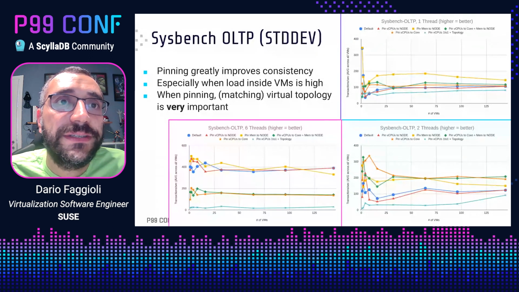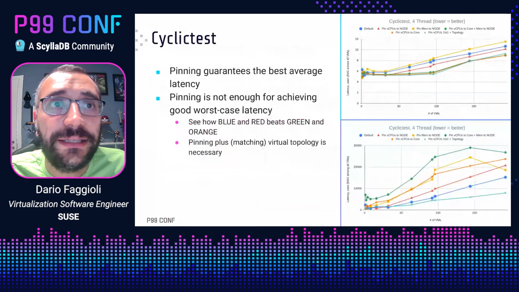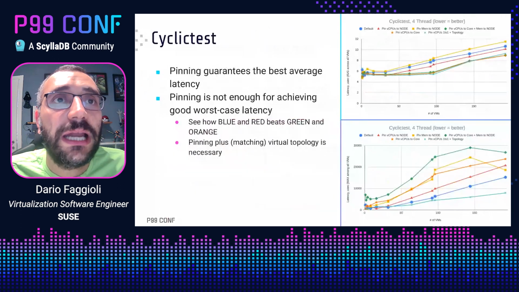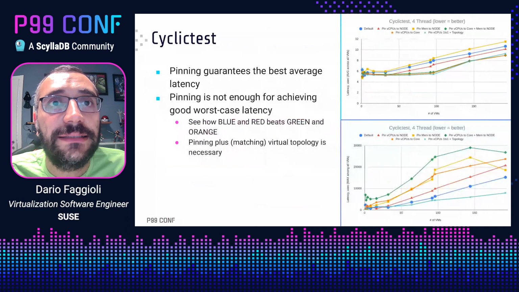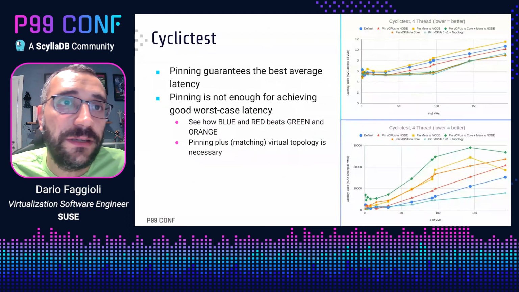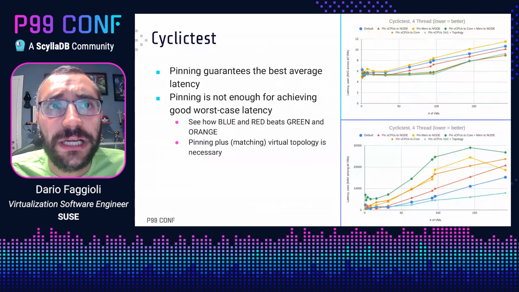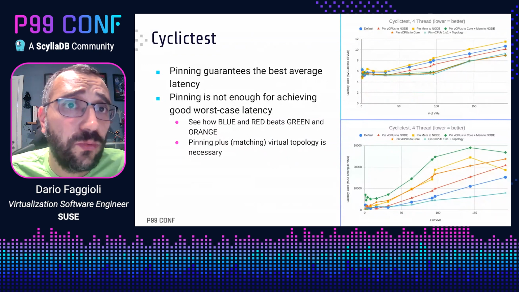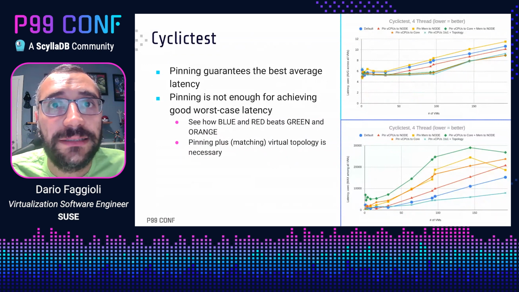Last but not least, latency with cyclictest. The top graph seems to tell us that best average wake-up latency can be achieved by pinning the vCPUs. Doesn't matter much if we pin them to cores or one-to-one, and neither does it matter if we tune more, for instance, with virtual topology.